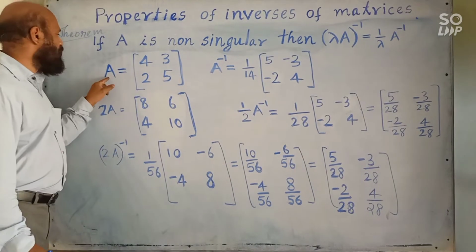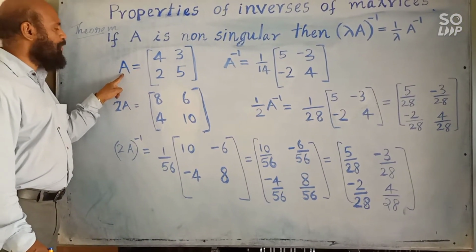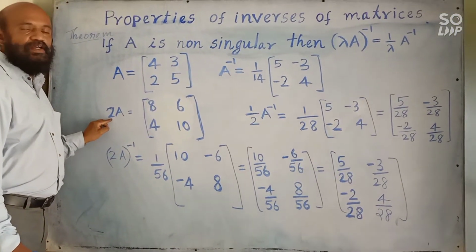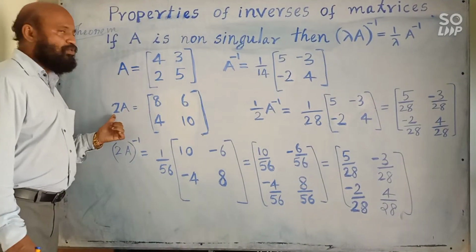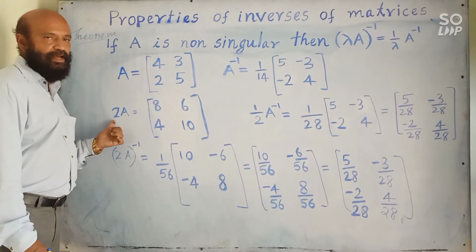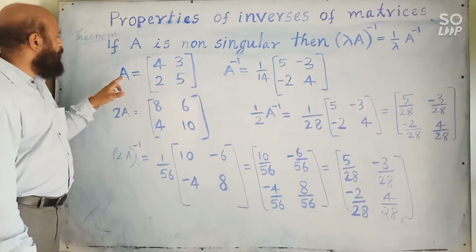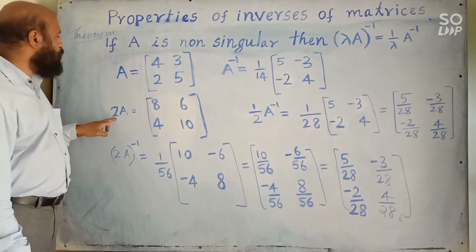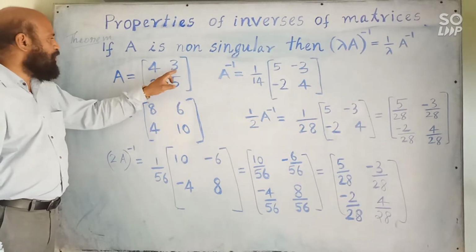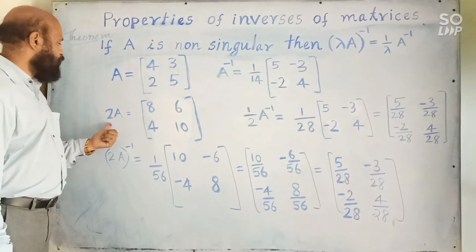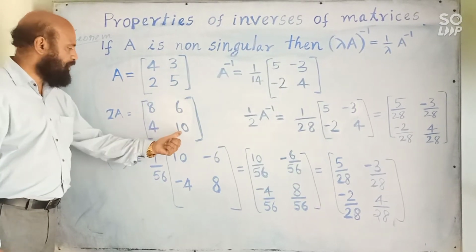So the given matrix A is multiplied by 2. So for lambda I have taken 2. So in our case lambda is 2. When this matrix is multiplied by 2, you have to multiply each element by 2. So 4 into 2 is 8, 3 into 2 is 6, 2 into 2 is 4, 5 into 2 is 10.